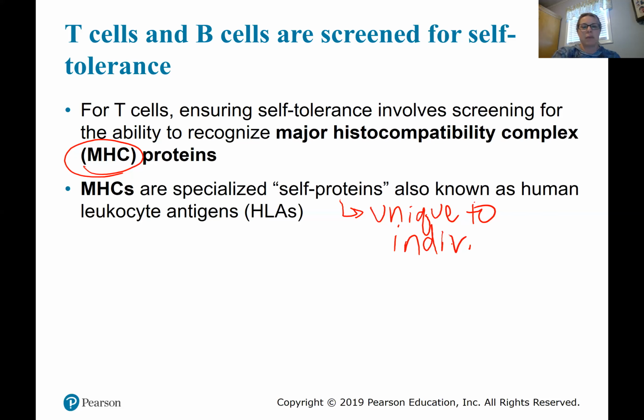Okay, so this MHC complex is going to determine whether an organ donor is a match or not. And it's one thing that the immune system looks for to determine if something is foreign or not.